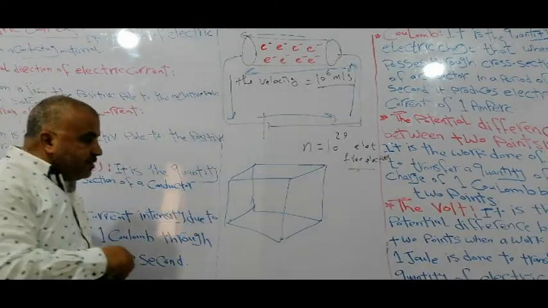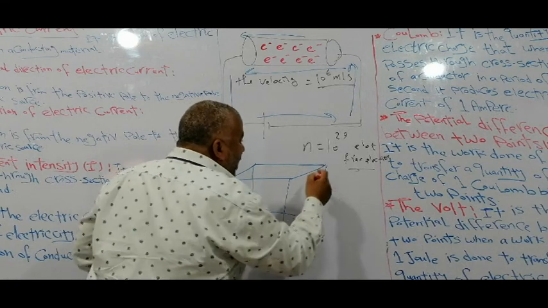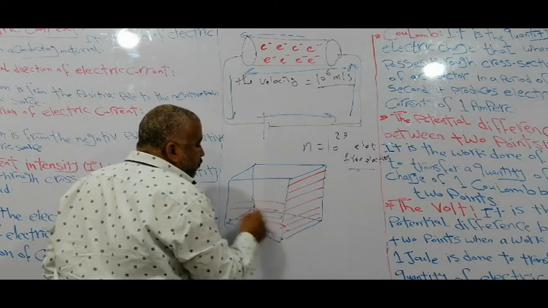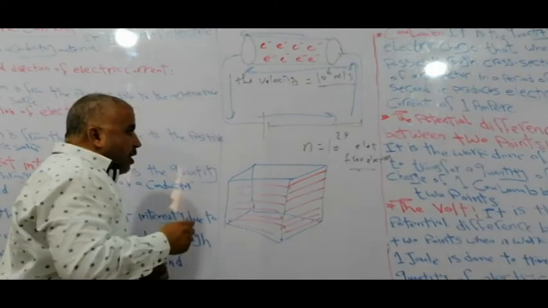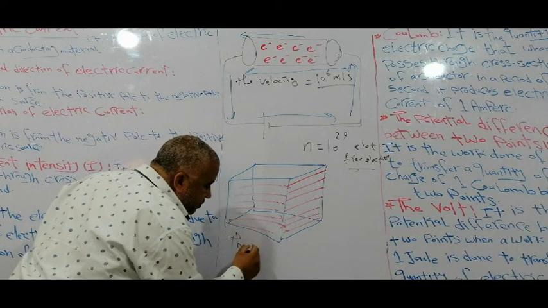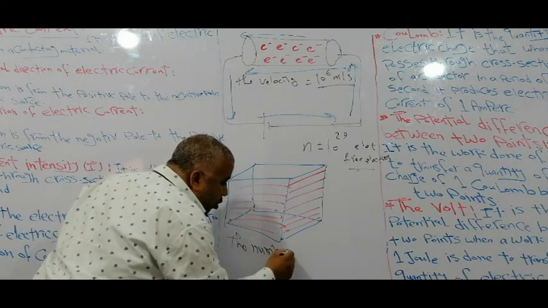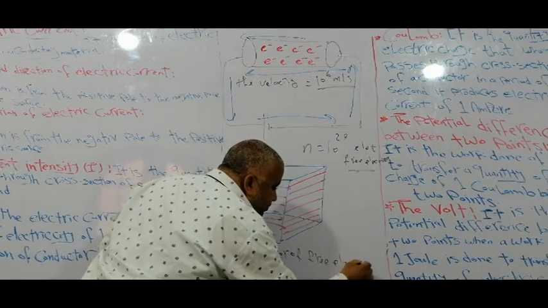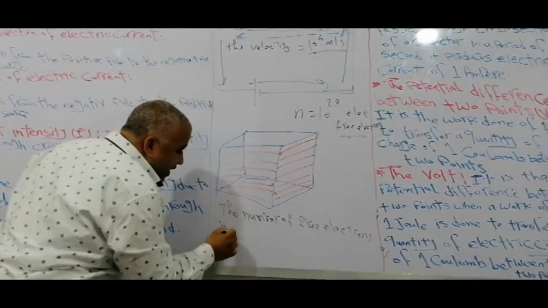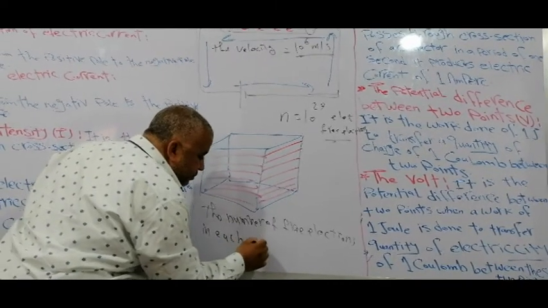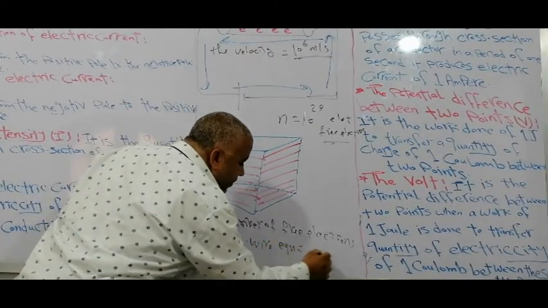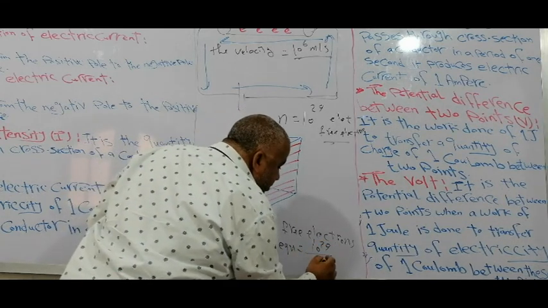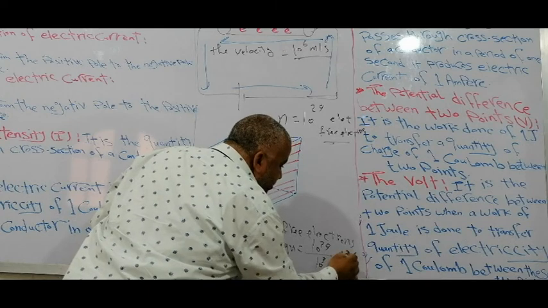If we divide this cube into wires, for example 1000 wires, the number of free electrons in each wire equals 10 power 29 over 10 power 3, equals 10 power 26.